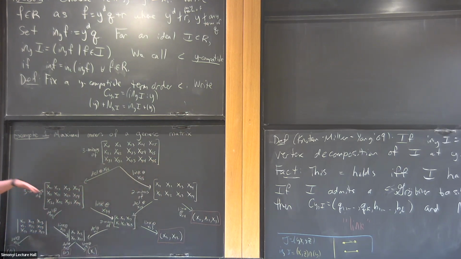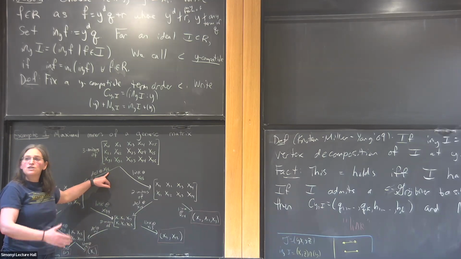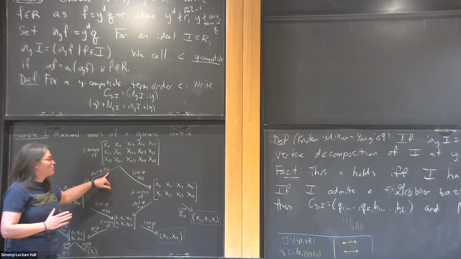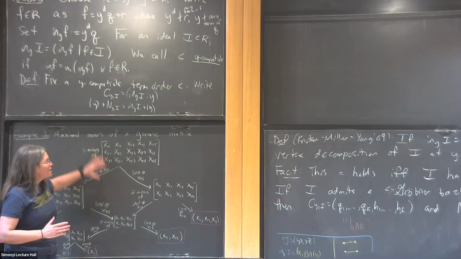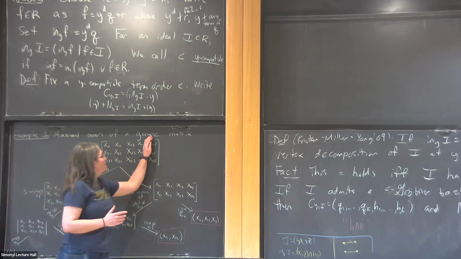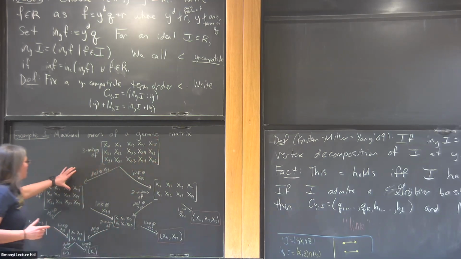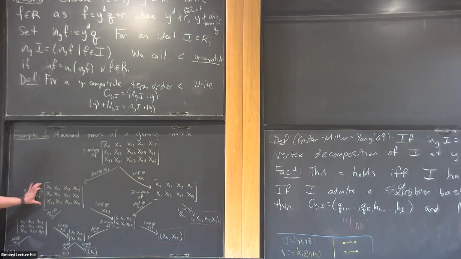So let's think about how we're getting the link and deletion. Deletion means I want all of the generators that do not involve x35, because I'm taking maximal minors. If I don't involve x35, I don't involve this column at all. So this is just the size 3 minors of this 3x4 matrix.